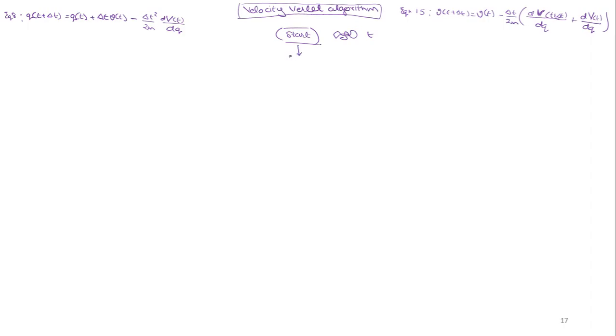Next, since we have the structure, what we need to do is calculate the energy gradient or energy associated with this structure, that is this term, dV of t by dq, of the current time step.